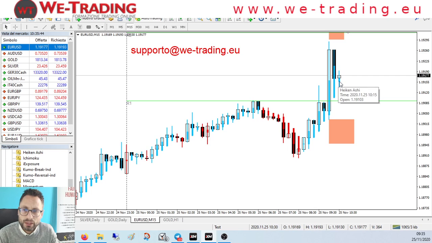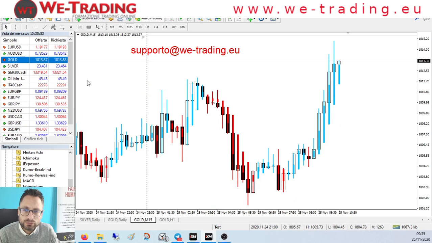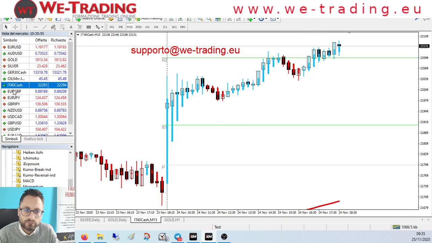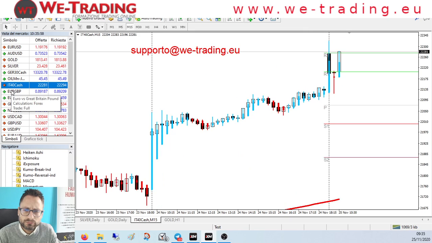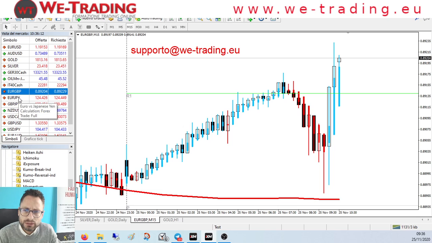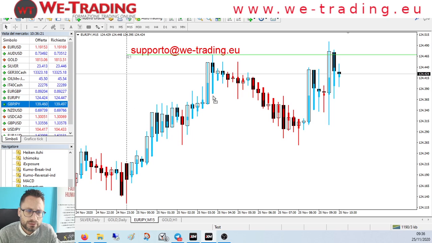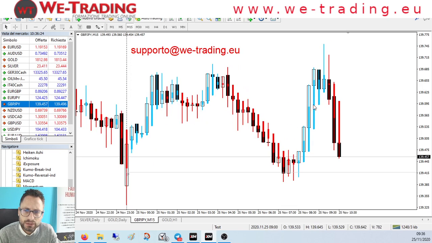On euro dollar we already have a blue setup, but it's an inside, so for now we are not interested in staying there. Okay, you understand? For example, on the Italian setup, here was a sell stop, not at market. On euro sterling, euro yen, it's not interesting. This is inside.